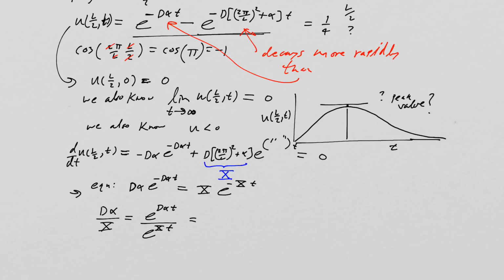We can write this a little further and call it e to the d alpha minus X, times t. We know that d alpha is smaller than X. Okay, we know that's true. So this should be decaying.